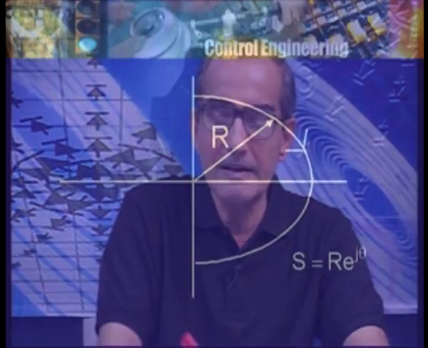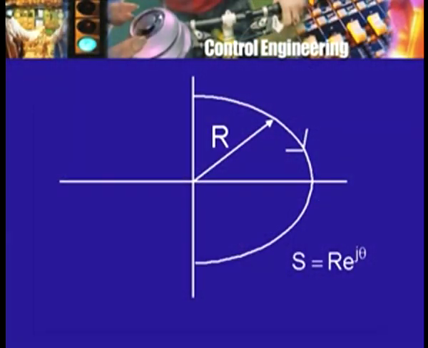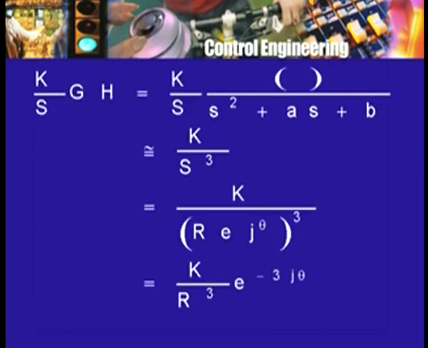Along the semicircle, so let me draw the semicircle now once again. Here is the semicircle, here is the radius r. So, what was s? s was equal to r e raised to j theta. Now, I have k divided by s into gh. As we saw, gh has no zeros.